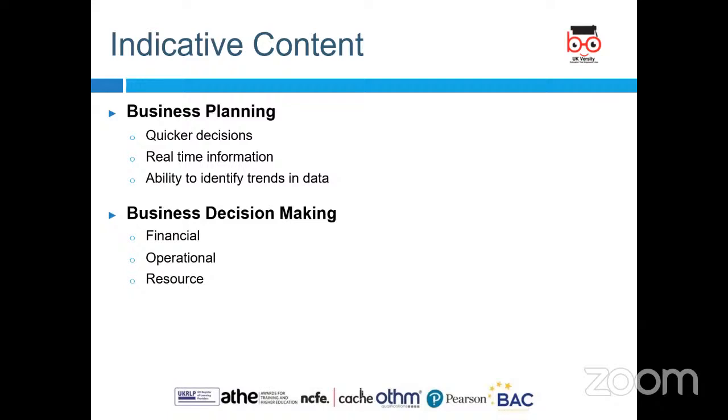This is really important for business planning. Then we have business decision making, where the company has to focus on the financial, operational, and resource aspects of the business in order to gain the most from using a business intelligence system.